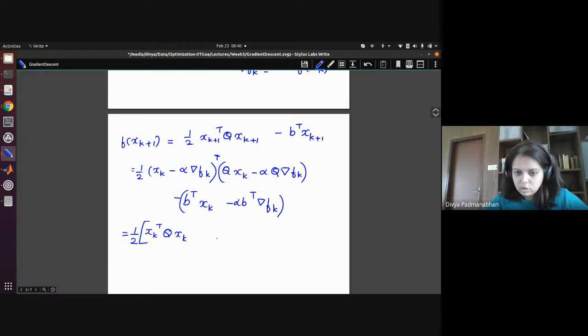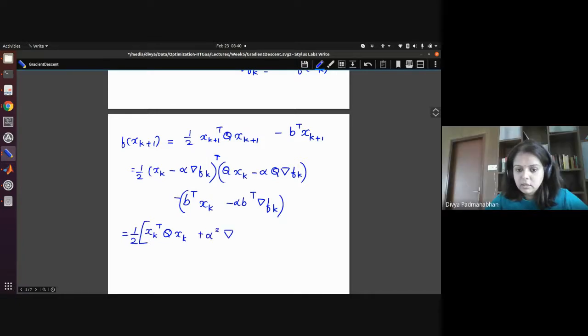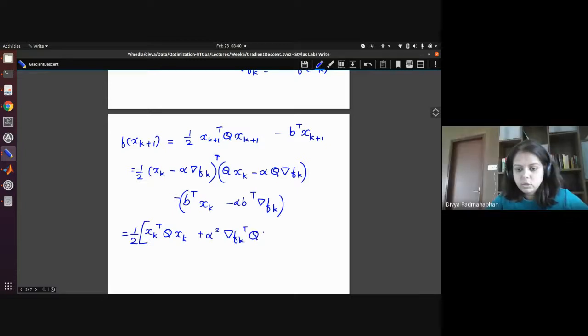Then what else do we have? Plus alpha squared grad f_k transpose Q grad f_k.